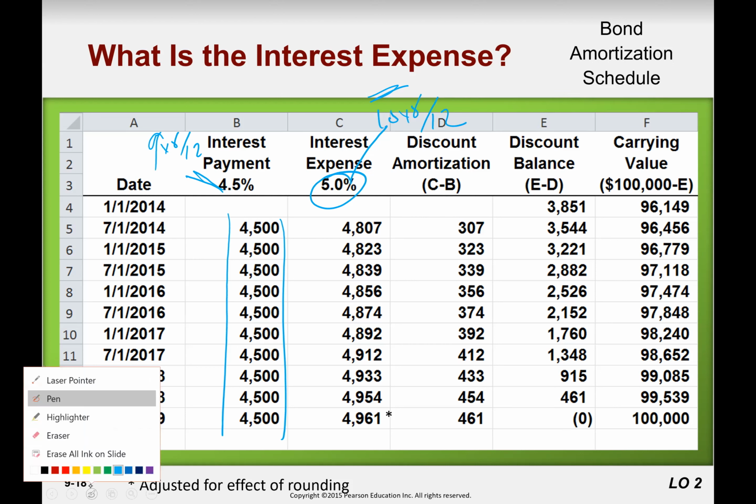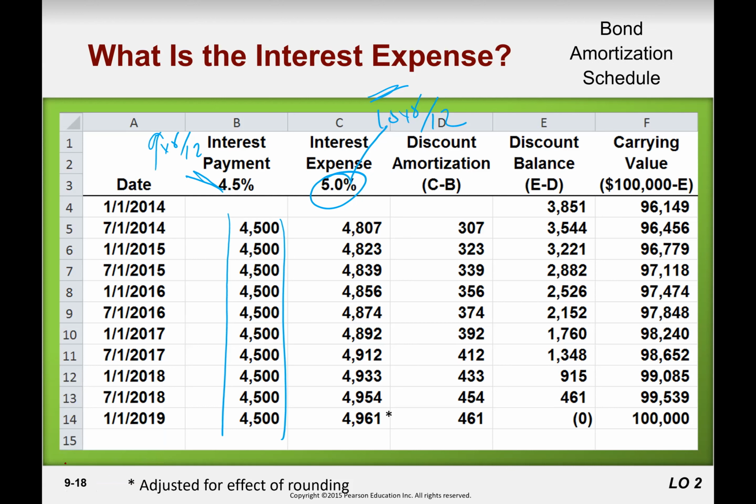All right. So you see here, first, the discount is 3851. The value of the bond, book value or carrying value is 96149. So you see the interest expense is always greater than interest payments. And the difference is discount amortized.